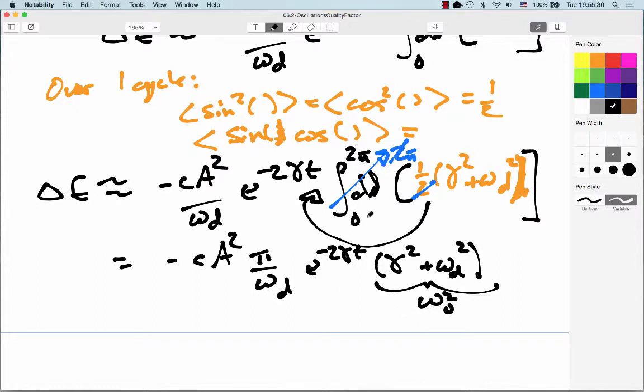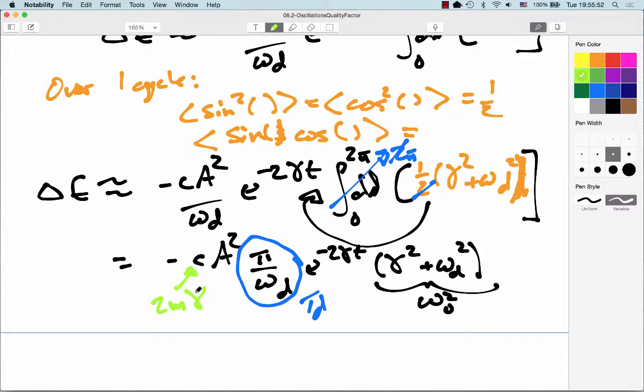This omega d we'll call the damped period, TD. And we recall from about 1 billion years ago that this C here is equal to 2m gamma.